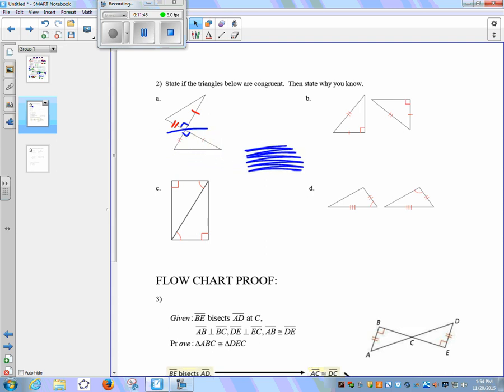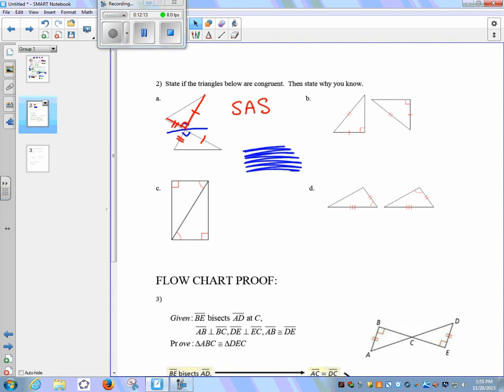Let's unveil this now. We have one leg congruent to another leg, and then the second leg congruent to its corresponding leg, and we have right angles. So, this is actually SAS, side, angle, side. So be careful. You're not going to look at a right triangle and think, oh, it's automatically going to be HL because it's a right triangle.